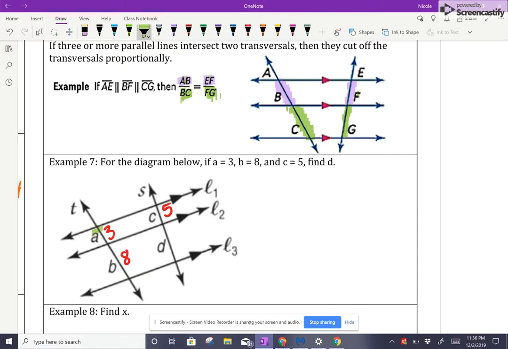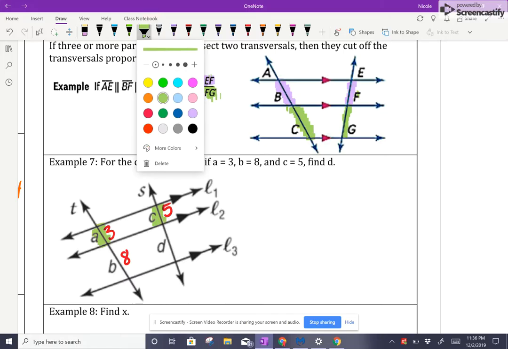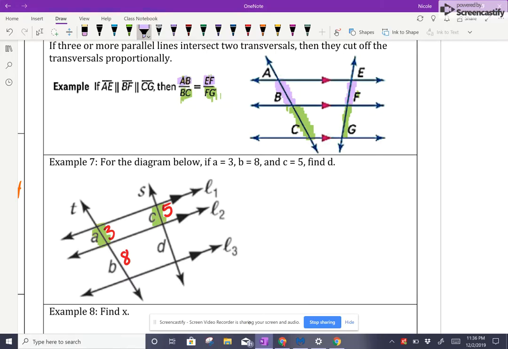So I have A and C, and then we have B and D. When I set this up, I want to make sure the same color stays on top.